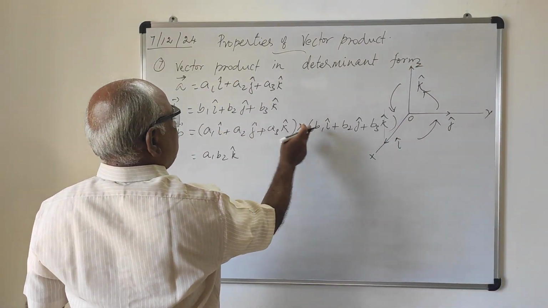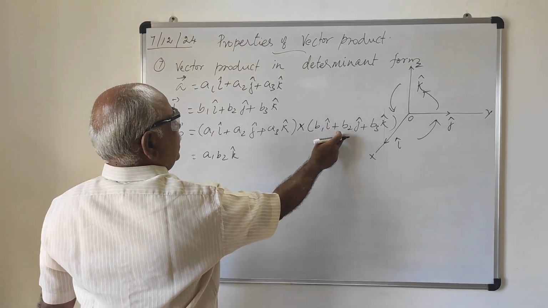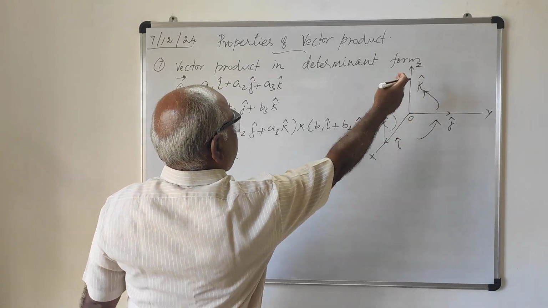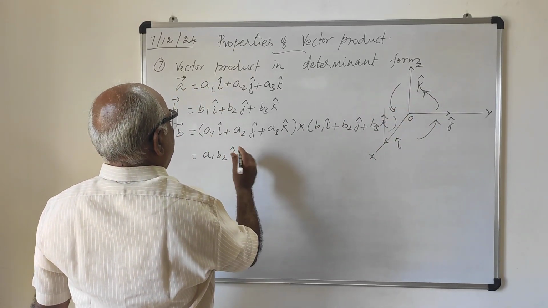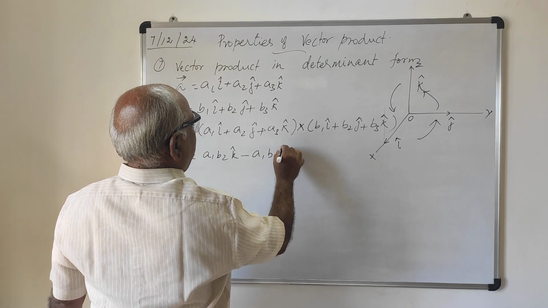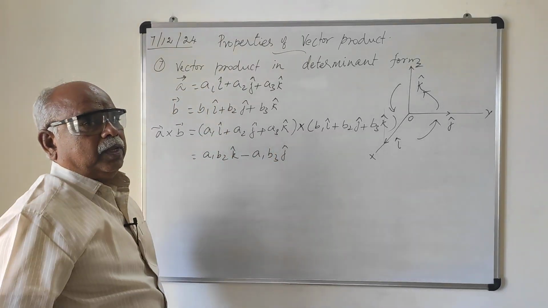Here i cross i is 0, i cross j is k. So A1 B2 into k. i cross k, in the clockwise direction, is minus j. So minus A1 B3 into j, because i cross k is minus j.